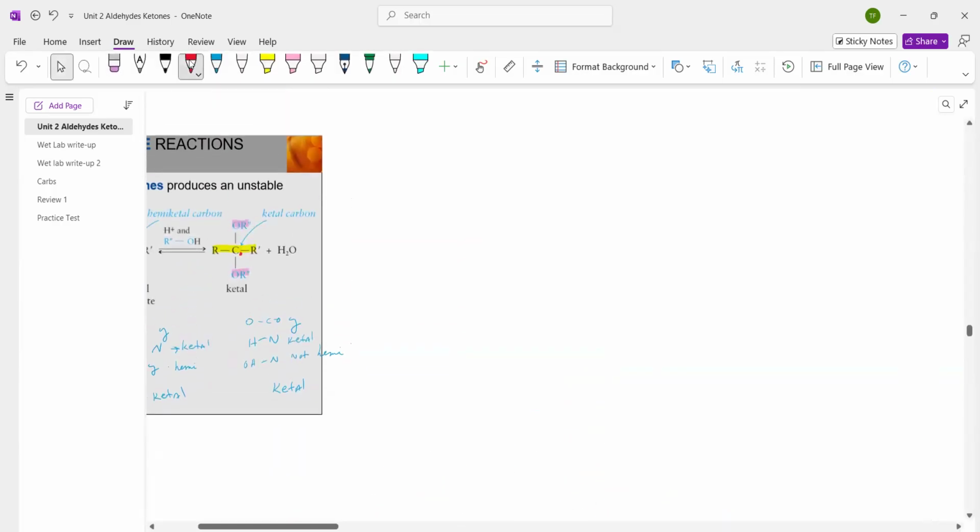Okay, so let's start with a ketone. So this would be 1, 2, 3, 4. This is going to be a butanone.